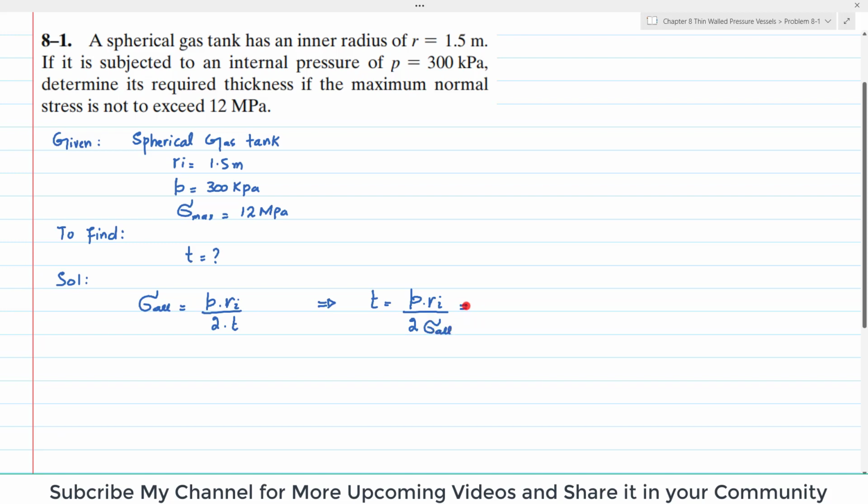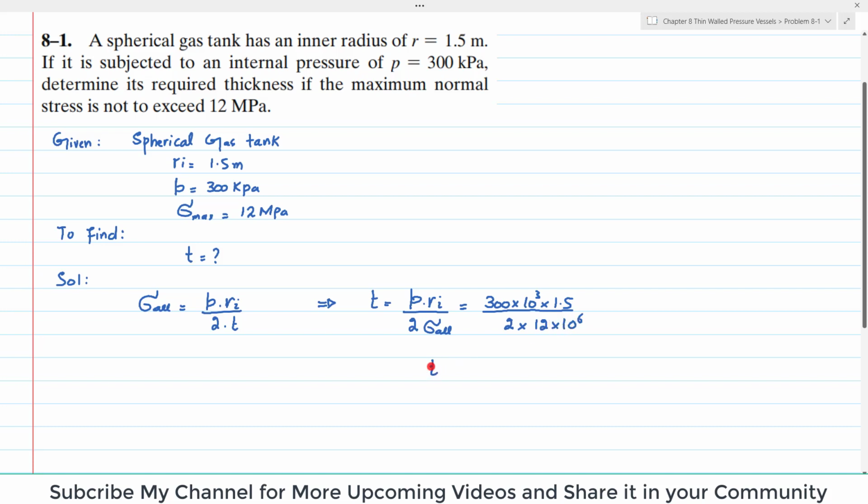So you can put the value P is equal to 300 kilopascal, so 300 into 10 raised to power 3. Ri is 1.5 meter and divide by 2 into allowable stress, 12 megapascal, so 12 into 10 raised to power 6.